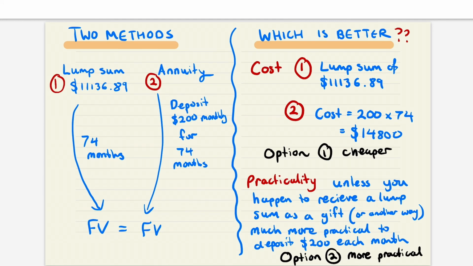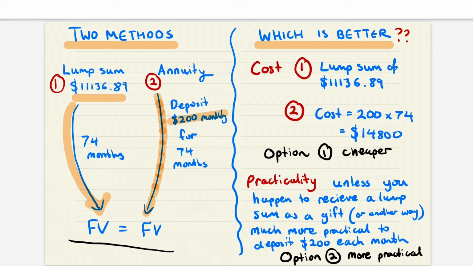So one pathway in investing is just by putting some lump sum in an account and leaving it there for 74 months. And you end up with a future value. The equivalent, or another way of getting the same future value, is to deposit $200 monthly for 74 months. So every month we go 200, 200, 200, and we keep adding those in, and we get the same future value. So both of these methods give us the same financial outcome at the end.